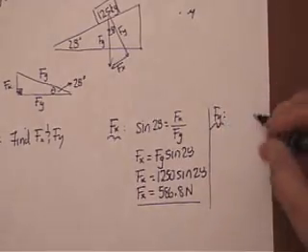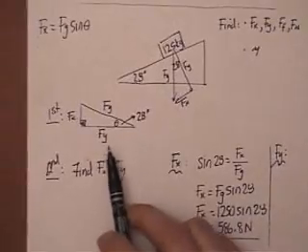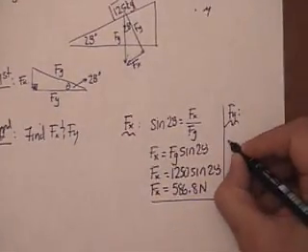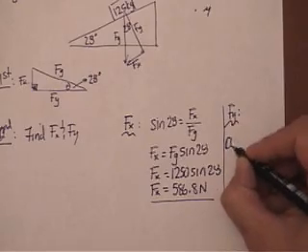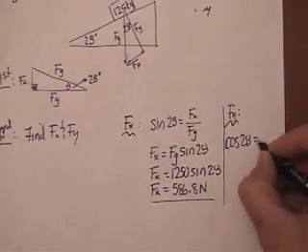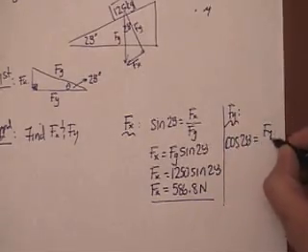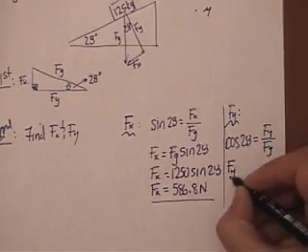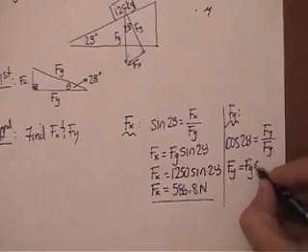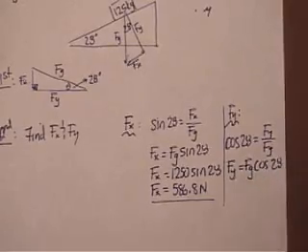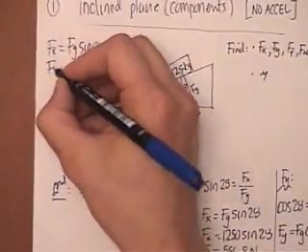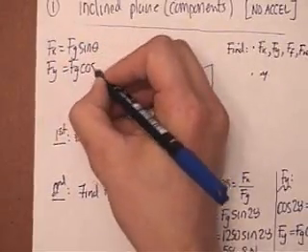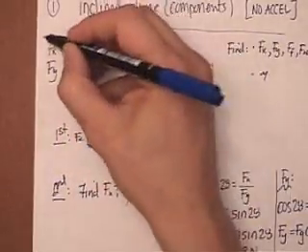Okay, I'm going to fill Fy in right here. That's adjacent, so that's going to be cosine of theta. So cosine of 28 is going to be Fy over Fg. So Fy is Fg cosine of 28, or theta.